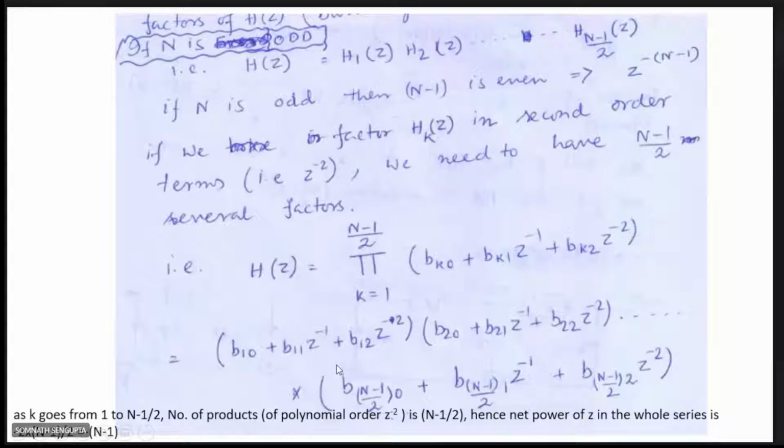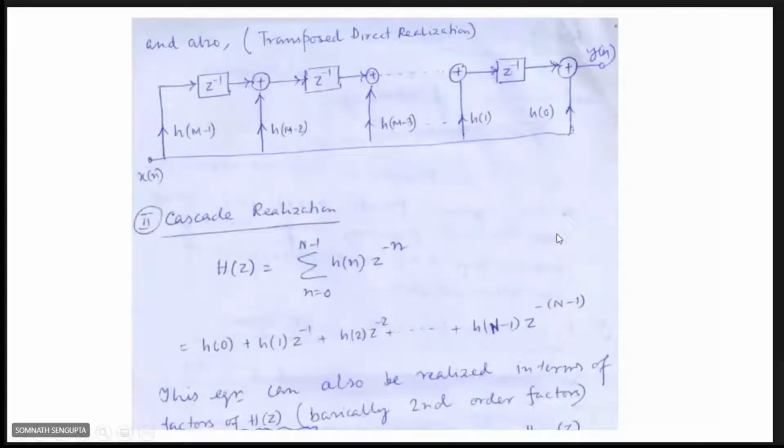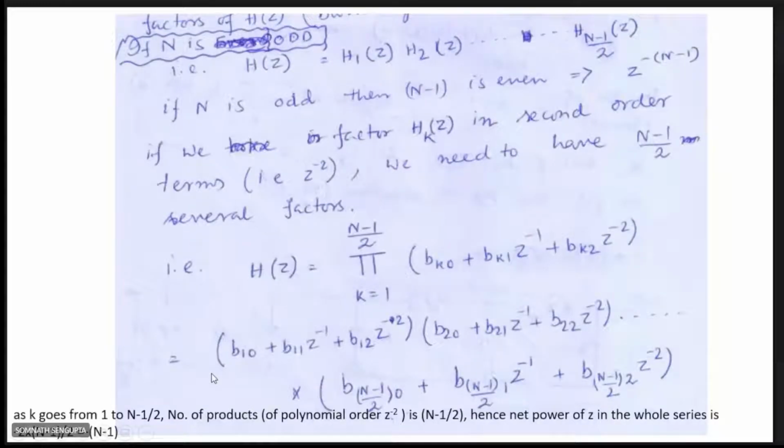The individual factors in the expressions, when you multiply all the product terms, will result in z to the power minus (n minus 1). So that means z to the power minus n plus 1, whatever the product representation is.